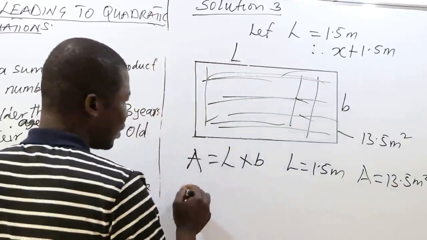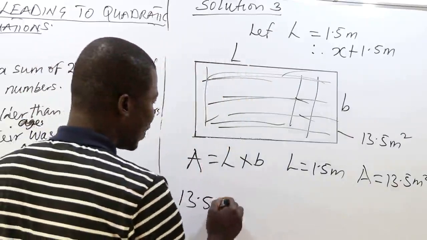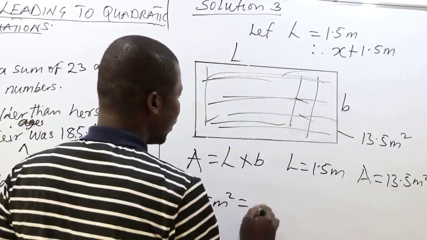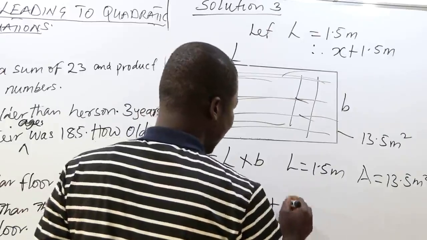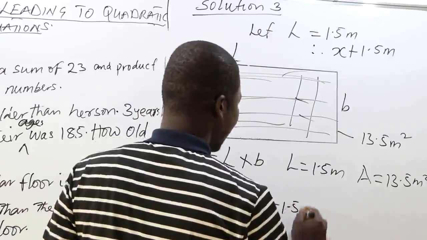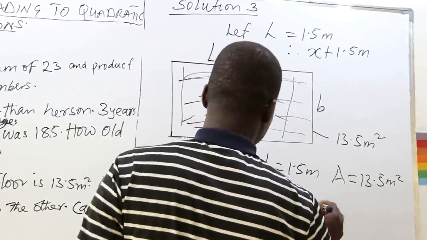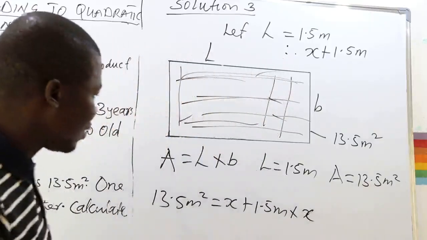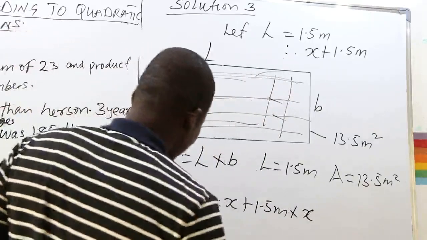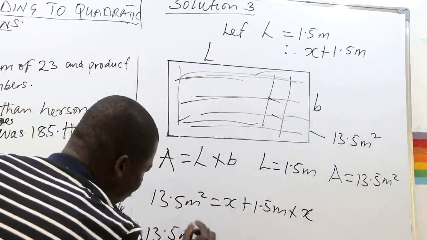So we substitute the value here: 13.5 meter square is equal to x plus 1.5 meter times b, the other side, which we don't know, to be x. Then we have 13.5 meters square.